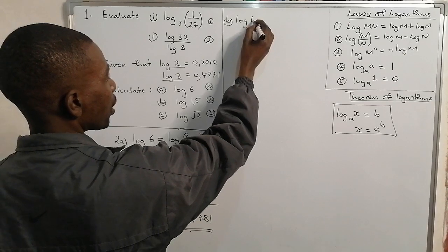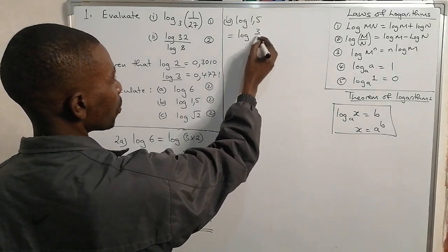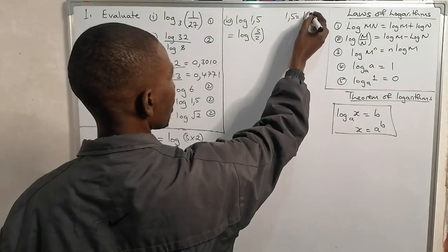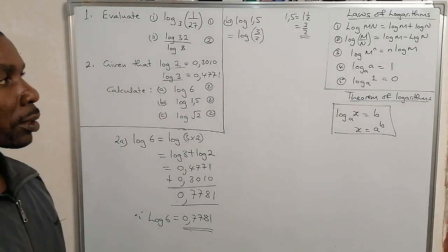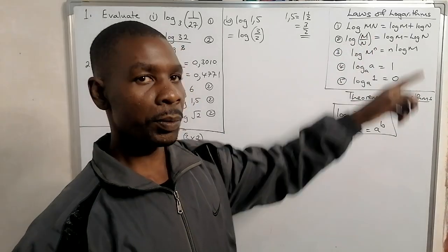Right, now we move on to log 1.5, part B. Log 1.5 can be written in the form log 3 over 2. 1.5 is the same as 1 and 1 over 2, which is 3 over 2 as an improper fraction. So when using law number 2, when dividing, we subtract.